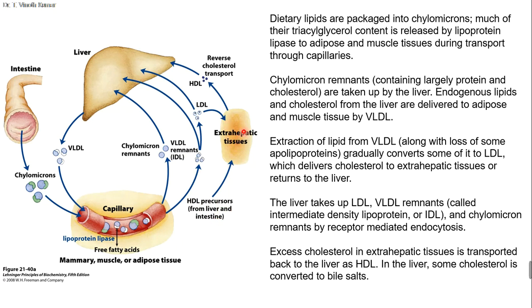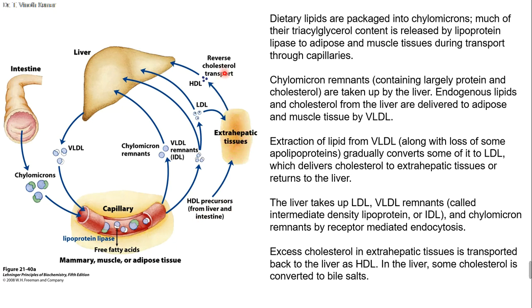The HDL precursors from the liver and intestine are given to the extrahepatic tissues, for example the small intestine, and there the HDL is formed. This HDL again goes and binds to the liver.